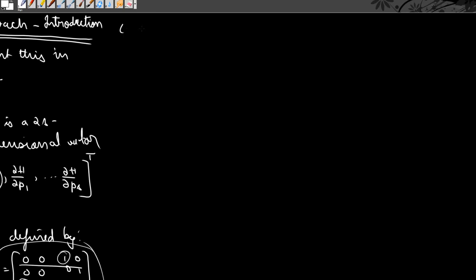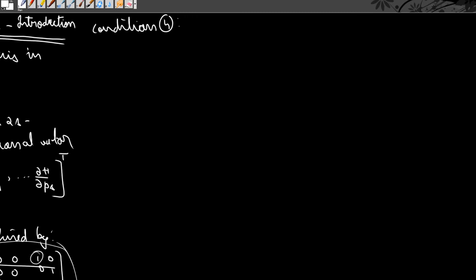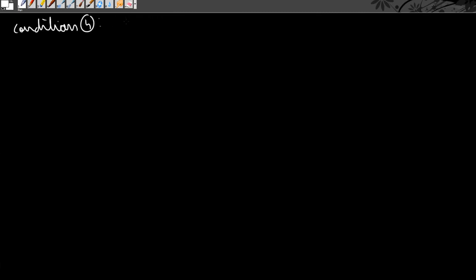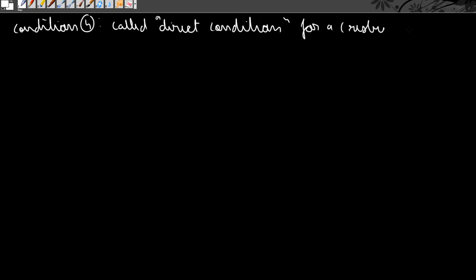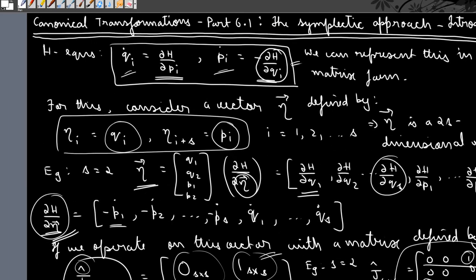So condition 4 is called the direct condition for a restricted canonical transformation. Okay, now we want to write this because we want to find the answer to this question.